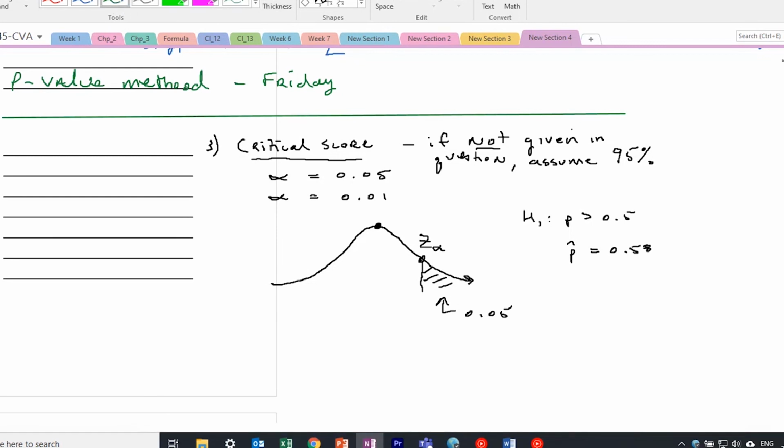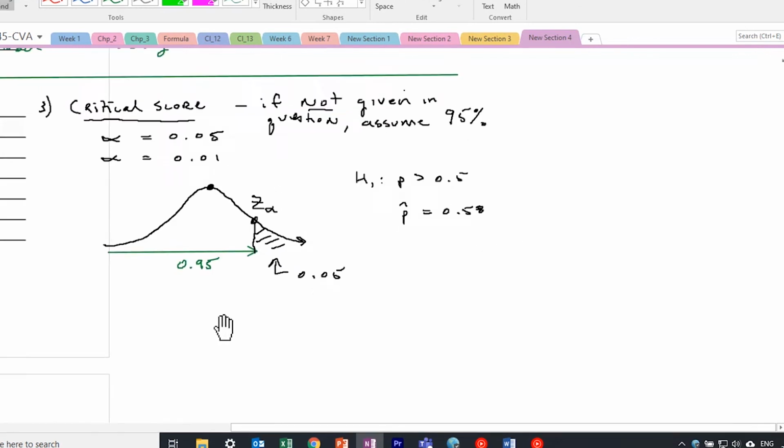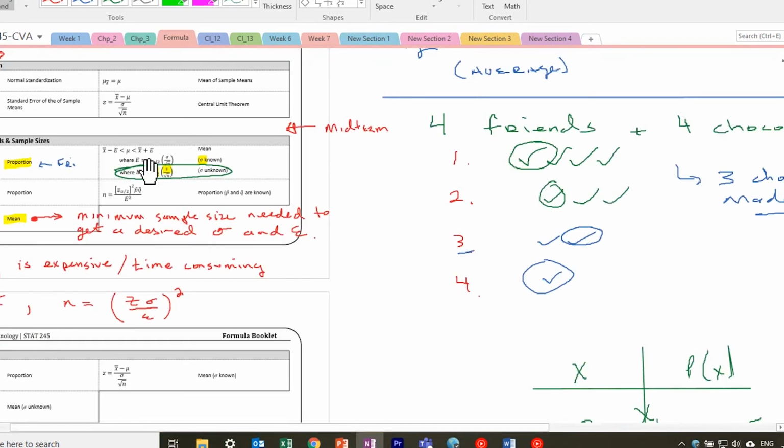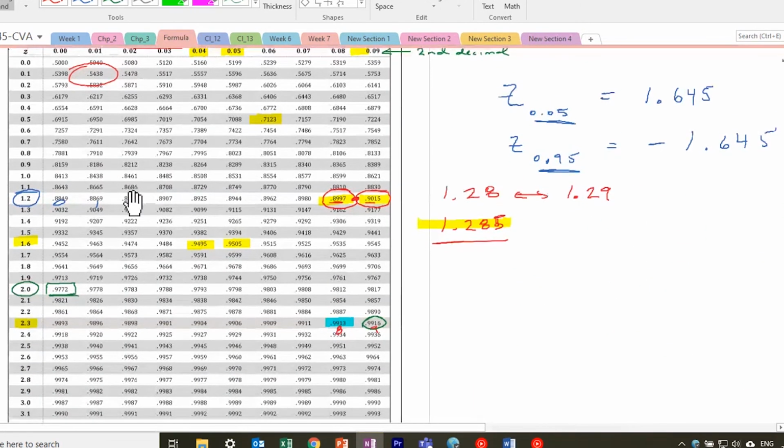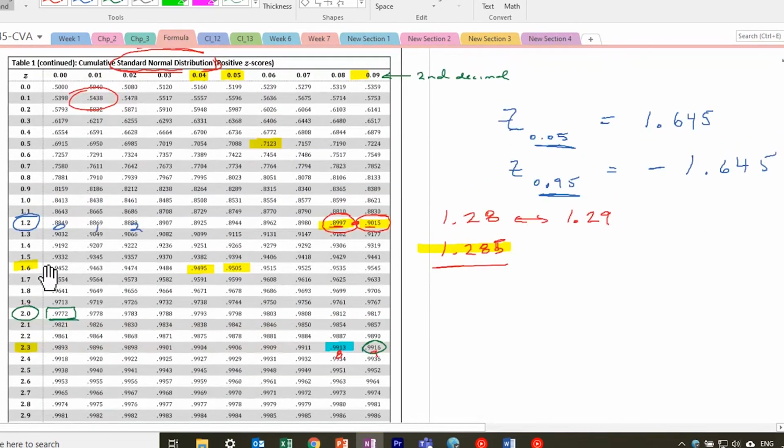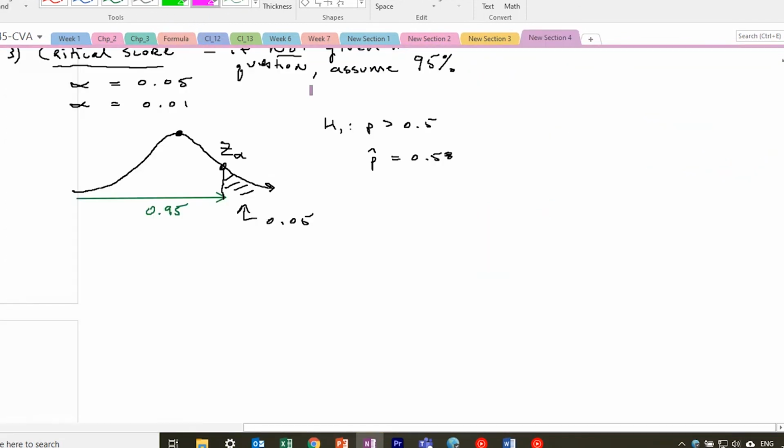And my z-score is going to have to be whatever 0.95 is. So 1.645. All right, so that's the score to beat.